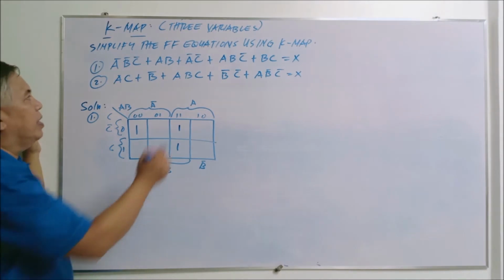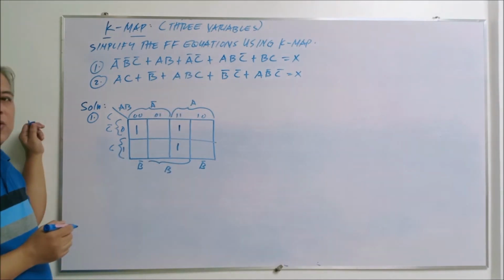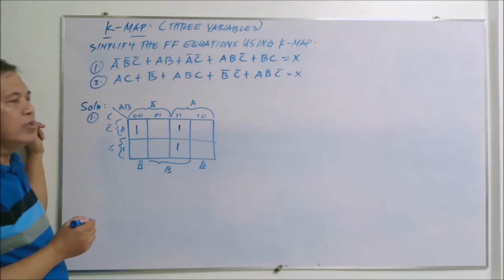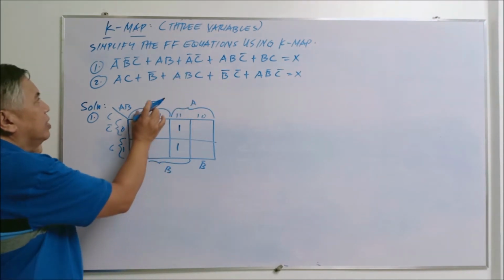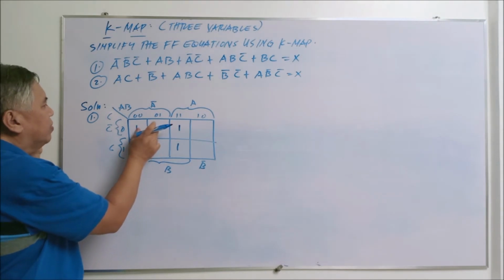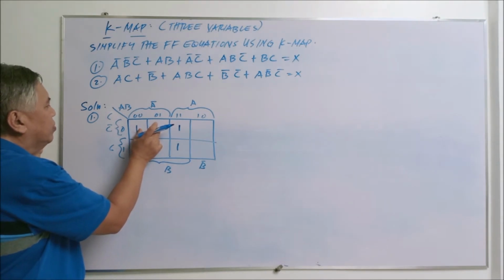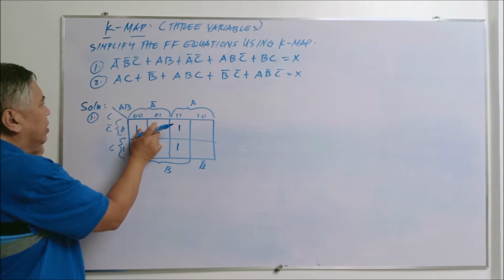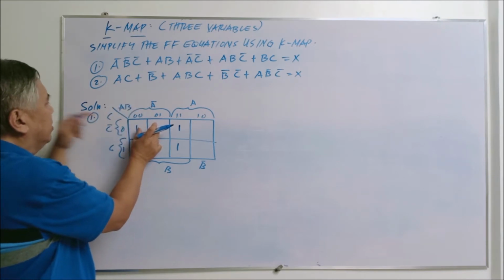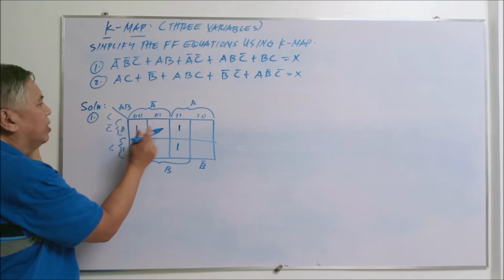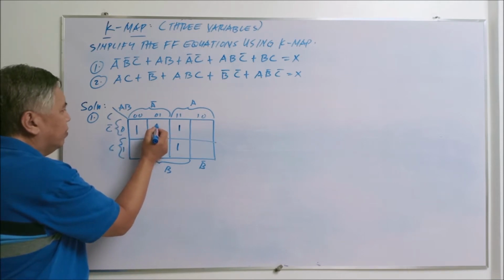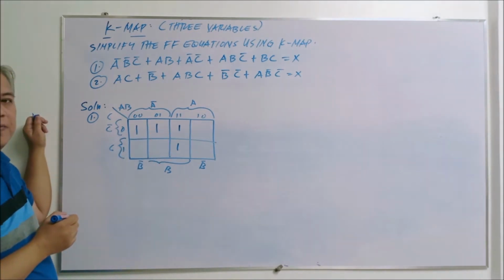And then you have A bar, C bar, 2 variable terms again, 2 adjacent cells. So you have A bar, this one here, and then C bar, that is one. These 2 adjacent cells. Okay? A bar, C bar. Now, since this one here has already a value of 1, so we just put a 1 on the other cell.